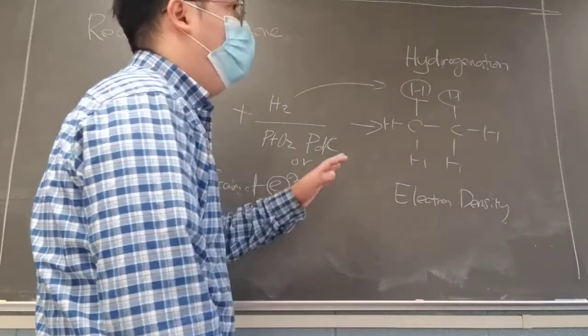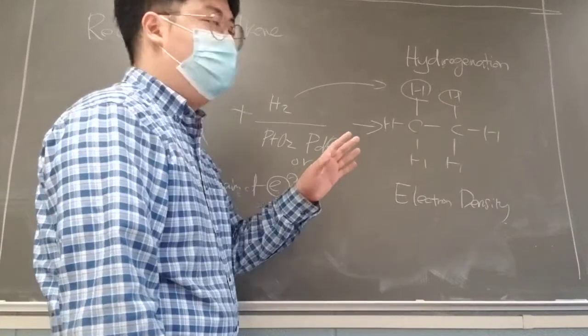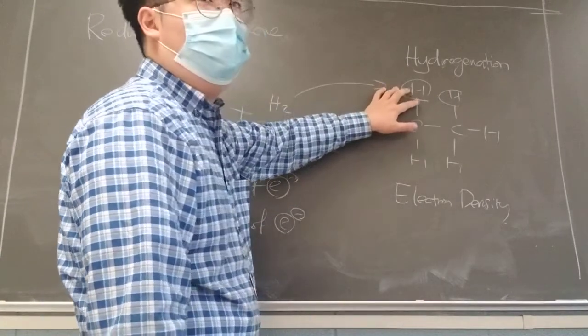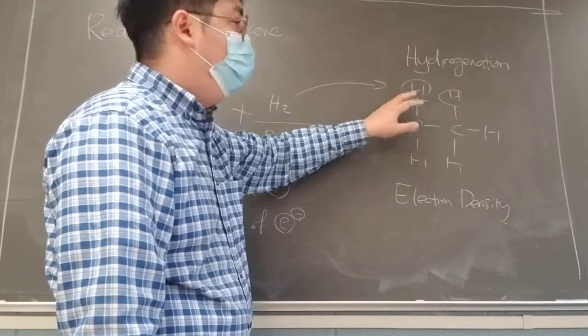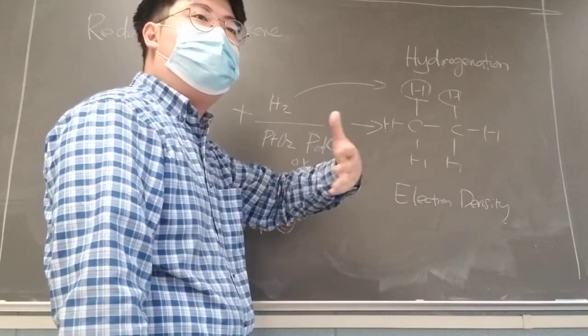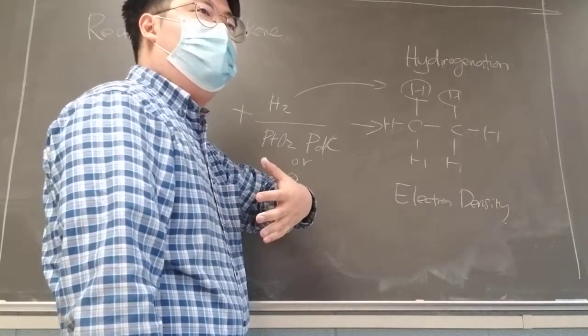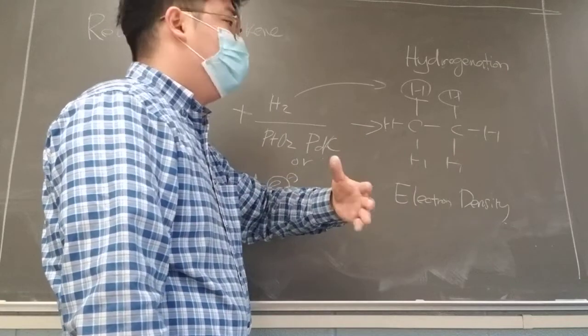So think about it. Electronegativity-wise, hydrogen is lower in electronegativity than carbon. So carbon, relatively speaking, has a bit more electron-pulling power than hydrogen.